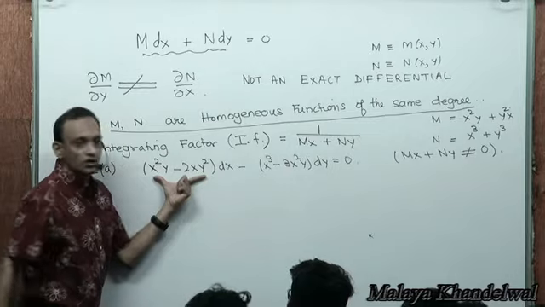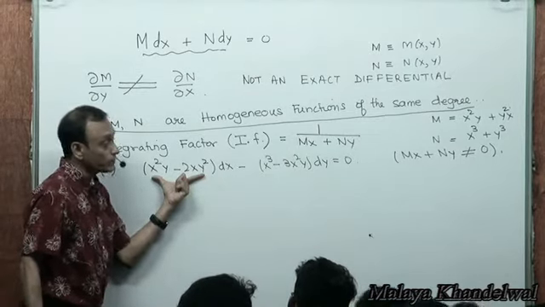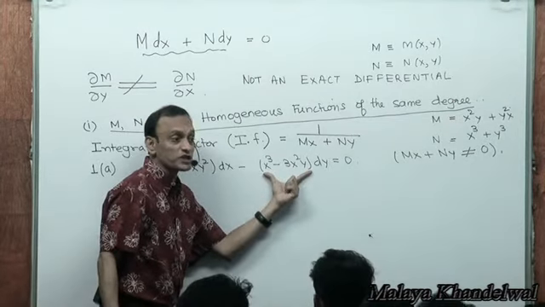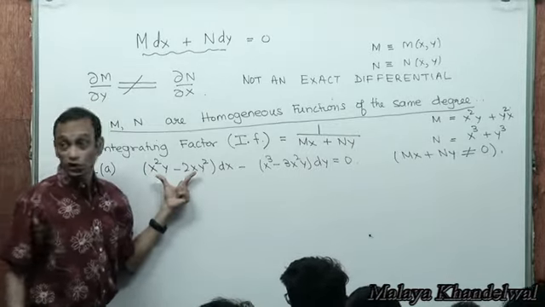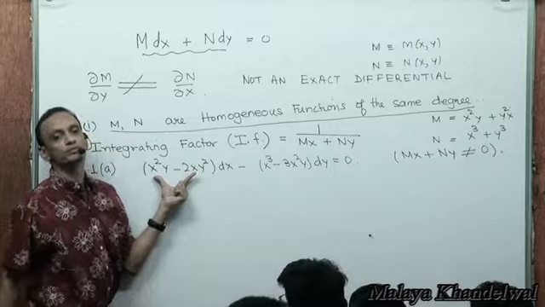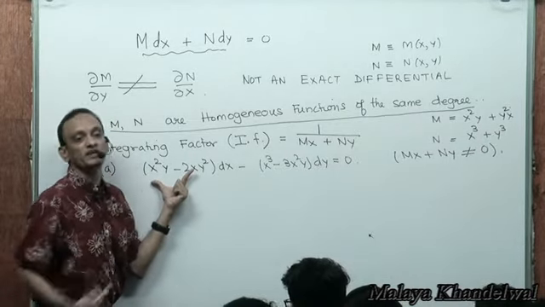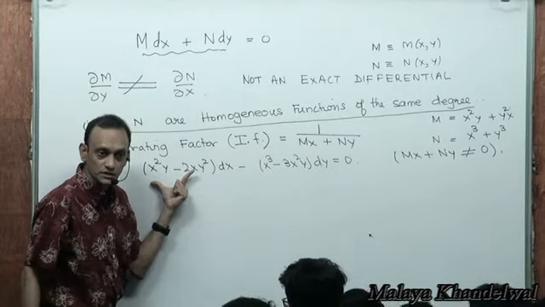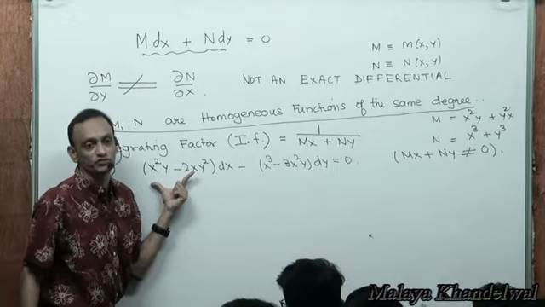Do you realize this is a homogeneous expression, and of degree 3? This is also a homogeneous expression and of degree 3. So y equal to vx will work here. But that's not what I want to deploy. I want to do things more easily than doing y equal to vx here. That's why I'm taking recourse to obtaining the integrating factor for this.